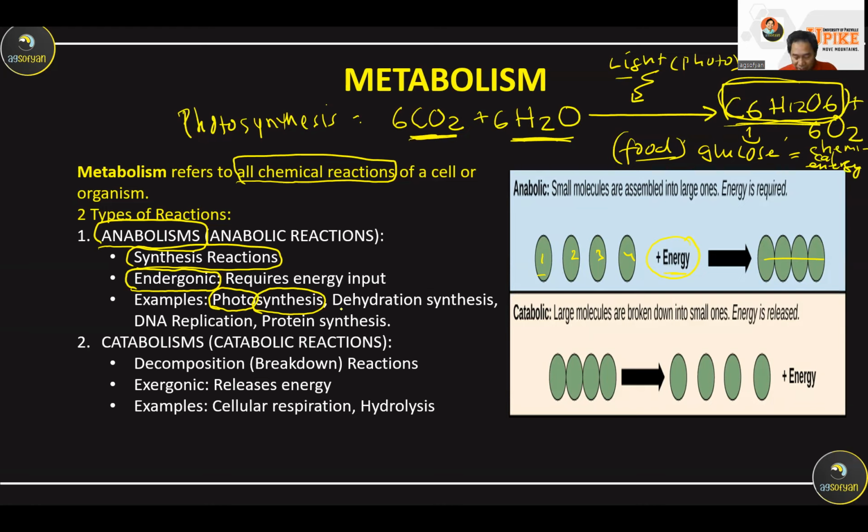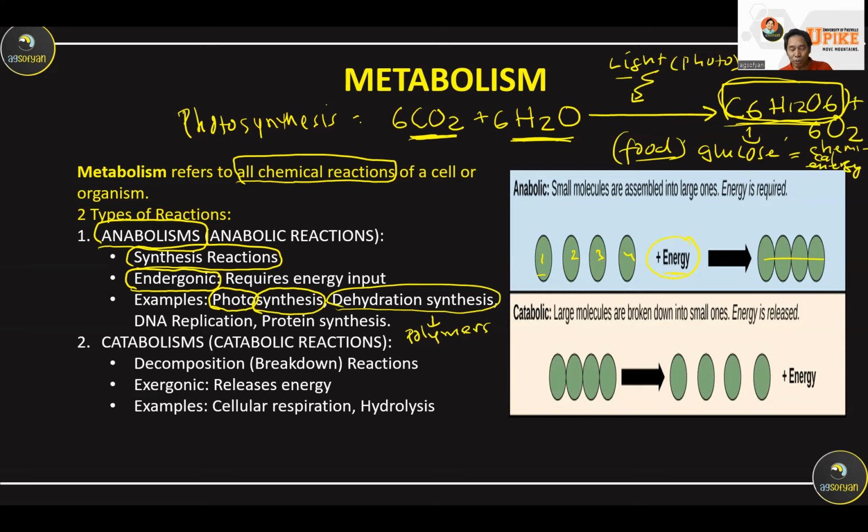Another example is dehydration synthesis, which is the formation of polymers. Remember again, the polymer of carbohydrate is called a polysaccharide. It is made of many monosaccharides, and it requires dehydration synthesis. Formation of proteins: the polymer is a protein or polypeptide, made of many monomers, which are amino acids.